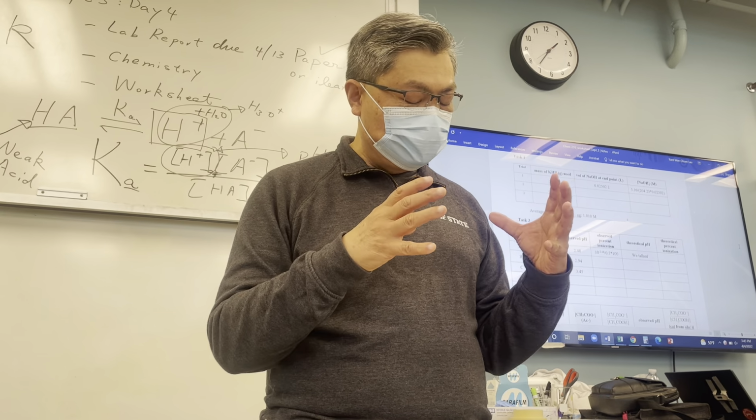For acetic acid, the Ka is 1.8 times 10 to the minus 5, and the pKa is 4.74. Those are the constants provided, and then how to solve for the hydroxide concentration and so on. What is the pH definition? All this is in the lab manual.